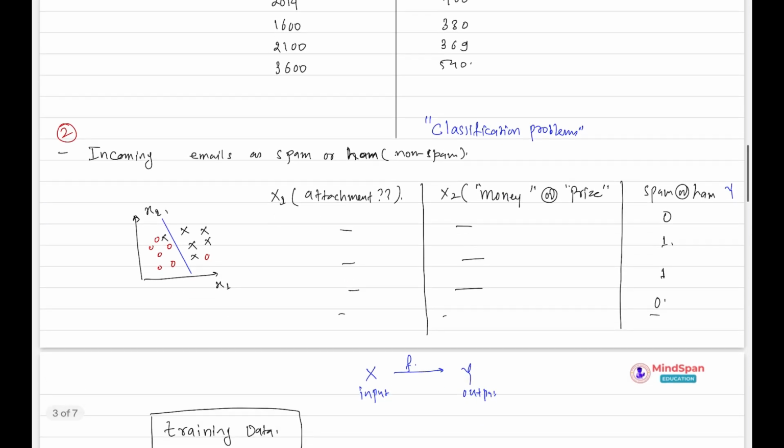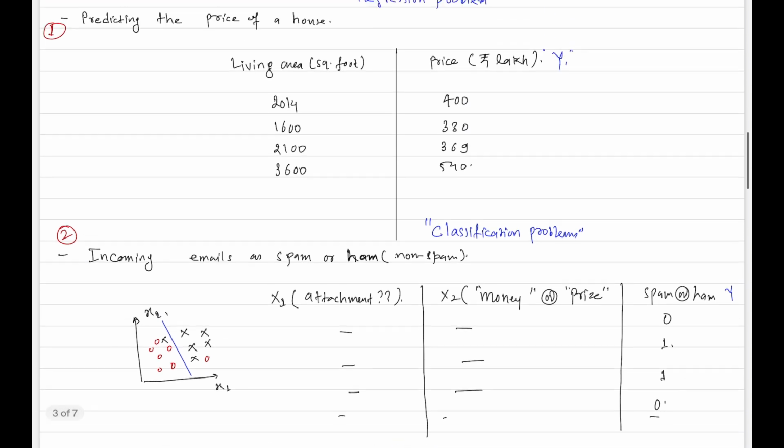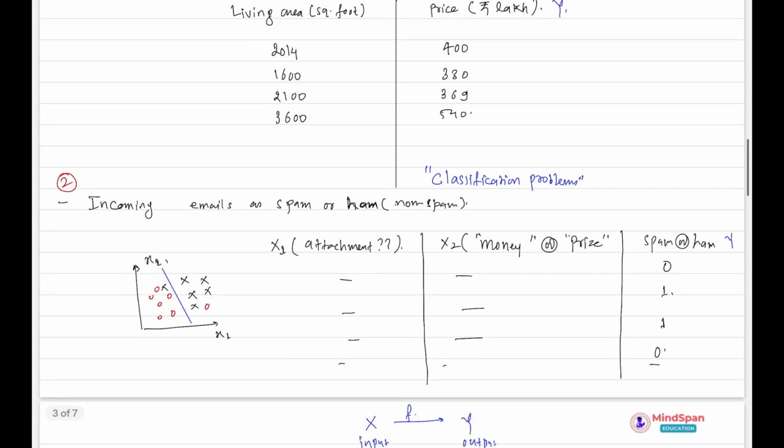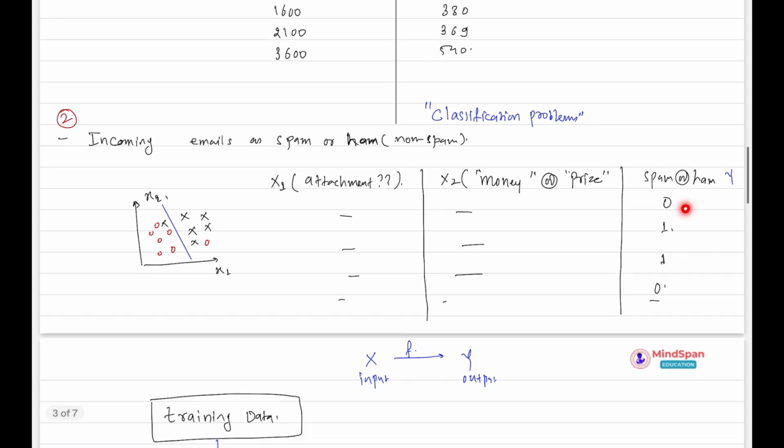And if y takes a discrete value, then we classify that as a classification problem. It could be two discrete values, or more than two discrete values. That kind of problem falls under classification.